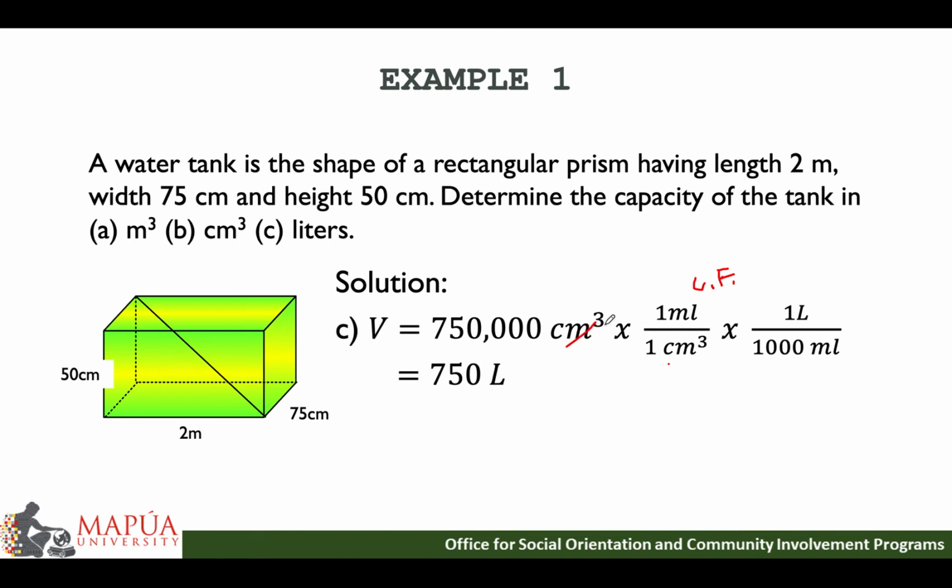So we cancel out cubic centimeters and ml, so the final unit will be in liters. 750,000 divided by 1000 will give you 750 liters.